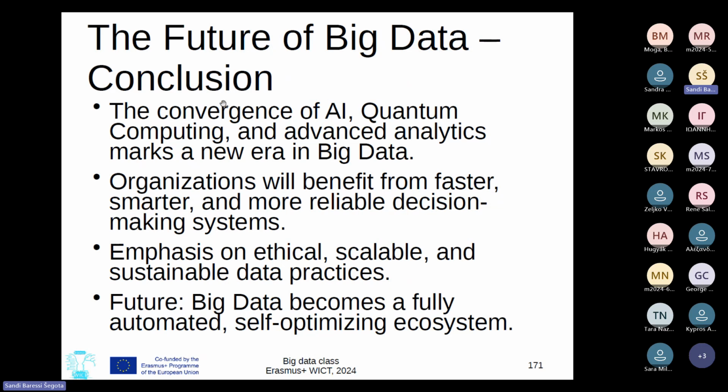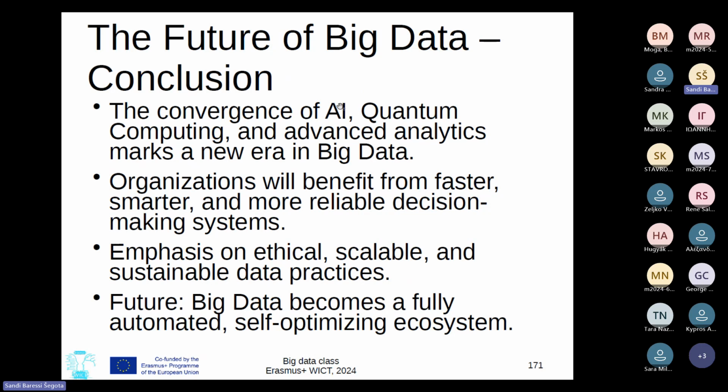Again, AI combined with quantum computing and additional, more advanced analytics methods that are being developed will improve big data. It will be a separate new era or continuous growth. People have been collecting data ever since the 90s without machine learning and AI being mentioned.